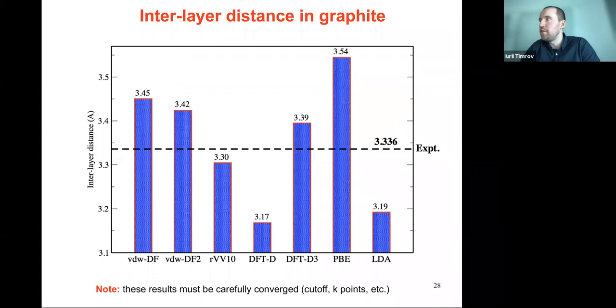Is that a common effect? Would it also be the case with van der Waals functionals? Actually, I don't have experience with that. Maybe Stefan De Gironcoli can answer if he's still around. Maybe if not, then we will reply later.